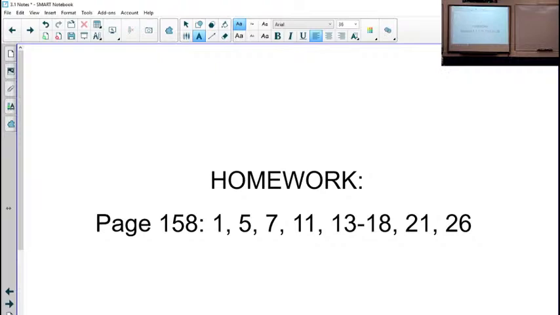All right. We're going to make sure we remember how to make a scatter plot on the calculator. And if you want to look at the same set of data I'm looking at, then it's on page 145.